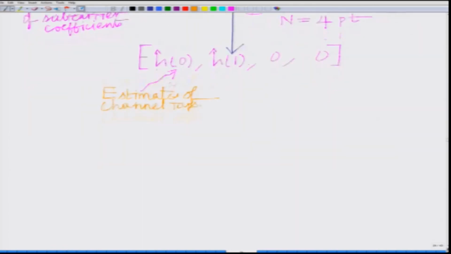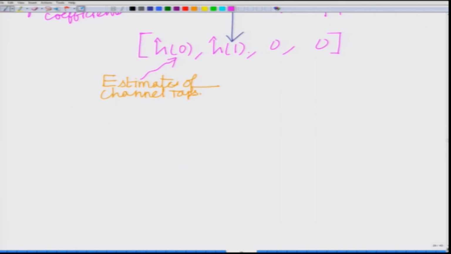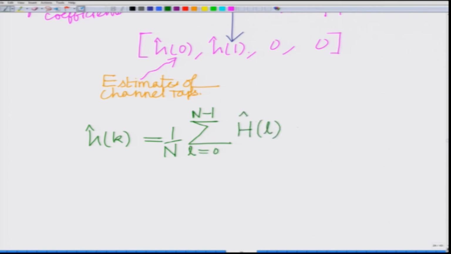In other words, basically what we are saying is this h hat k, the estimate of the channel tap on subcarrier k, or the estimate of the kth channel tap, is given by the n point IFFT: 1 over n, sum over L equal to 0 to n minus 1, of H hat of L e raised to j 2 pi k L by n.